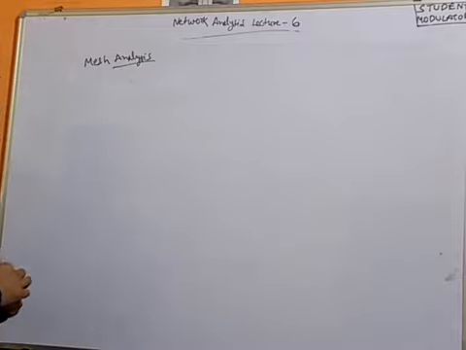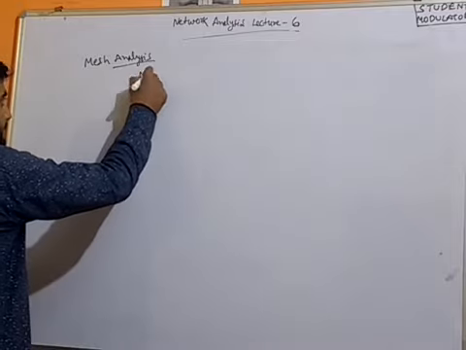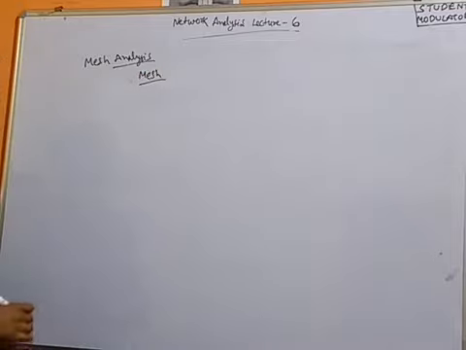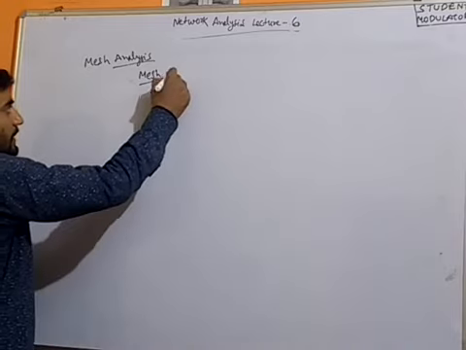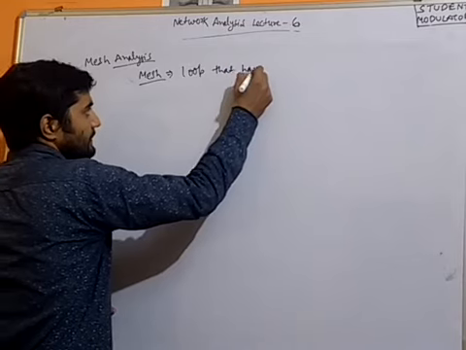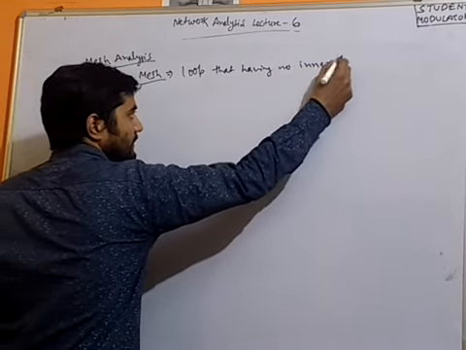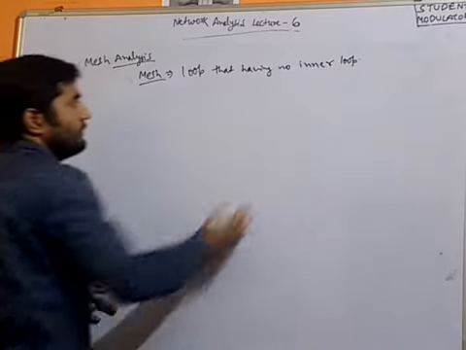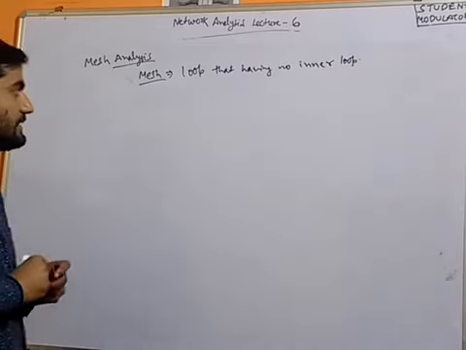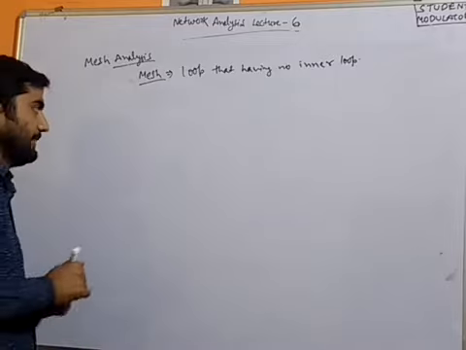Before understanding mesh analysis, we must first understand the meaning of mesh. A mesh is a loop that has no inner loop. If any loop has no other loop inside it, then that loop is called a mesh.